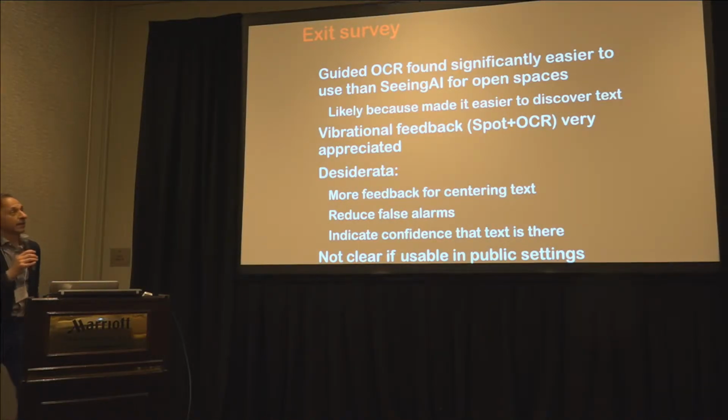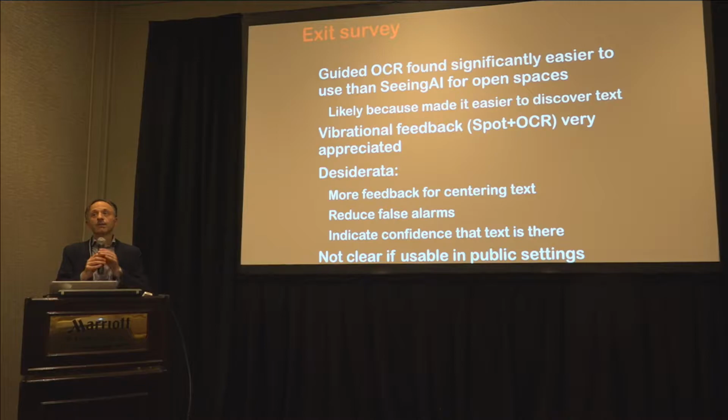Our participants found the guided OCR significantly easier to use than the others. They really liked the vibrational feedback, the fact that at some point the phone vibrates and you know there is something there. Maybe you can't read it right away, but you can try other times to explore the space until at some point you might be able to read it.